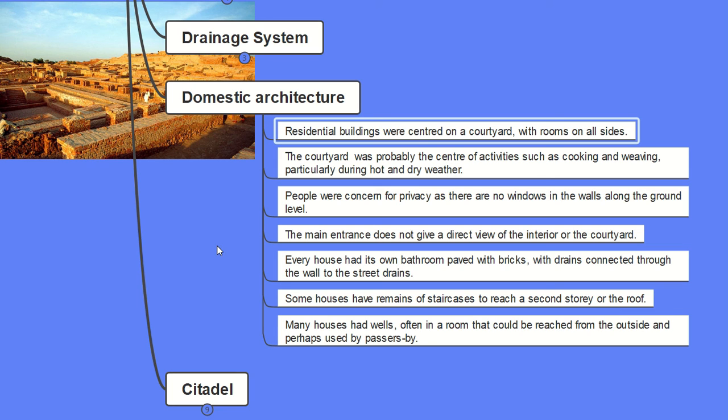They also have wells in some houses, which shows us that good water supply connectivity or underground water wells were preserved. It is also a separate room. Anybody from the outside who wants to use it can come and use it, but they need not interact with the people or women in the house.